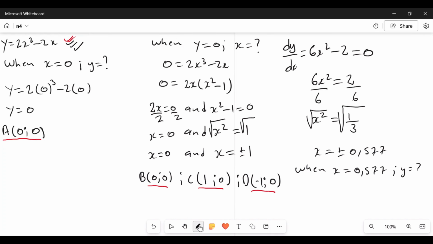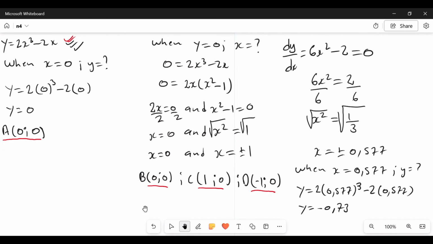So let's do it. y is equaling to 2 open bracket 0,577 cubed minus 2 times 0,577. Then you have to put this on the calculator and then we find our y value. So when it's positive, we're going to find negative 0,73. There we go.